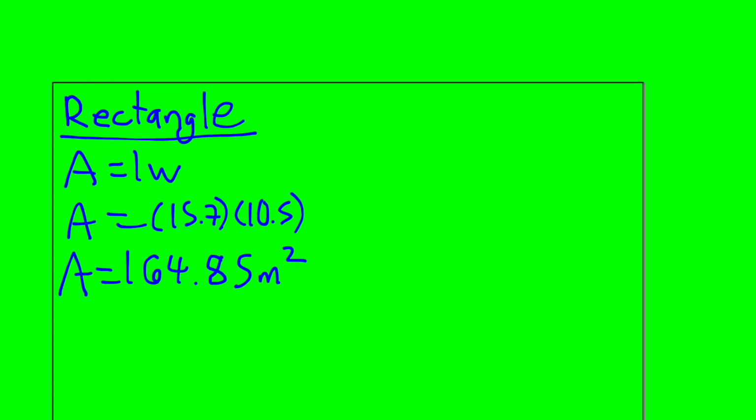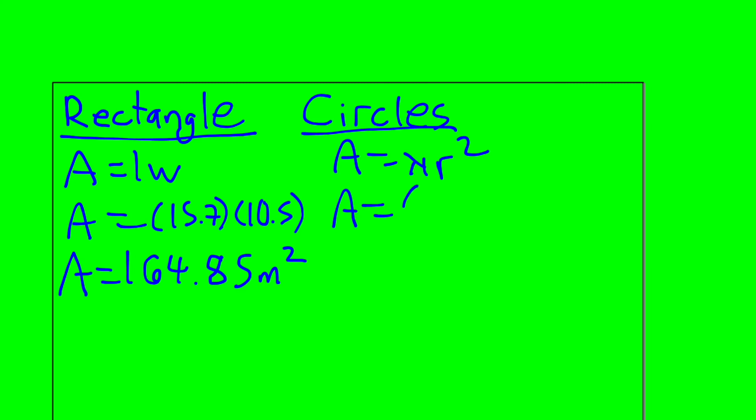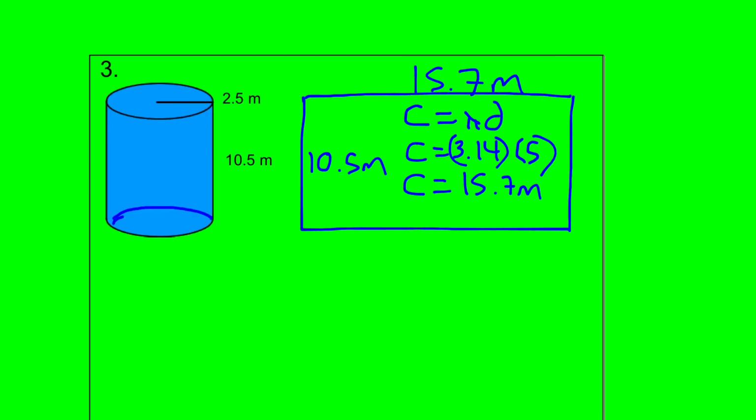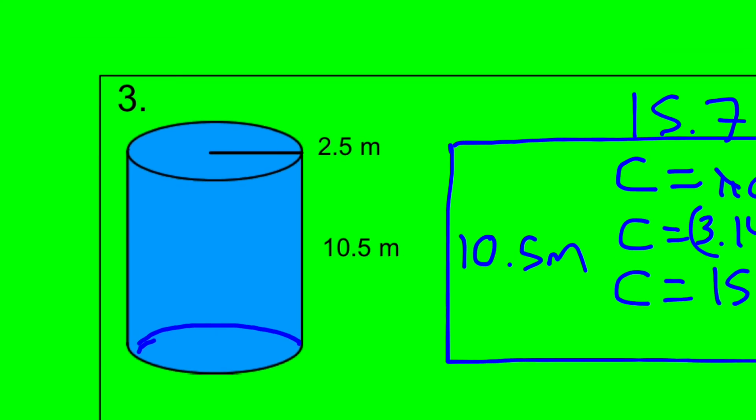Well, let's write down circles. So the math equation for area of a circle is pi times the radius squared. Area equals 3.14. Now the radius of this circular part is 2.5.